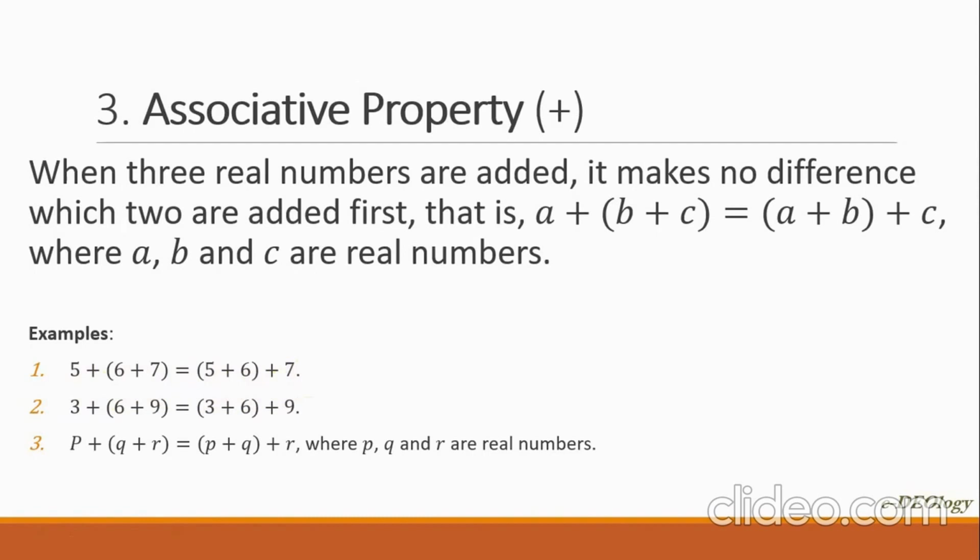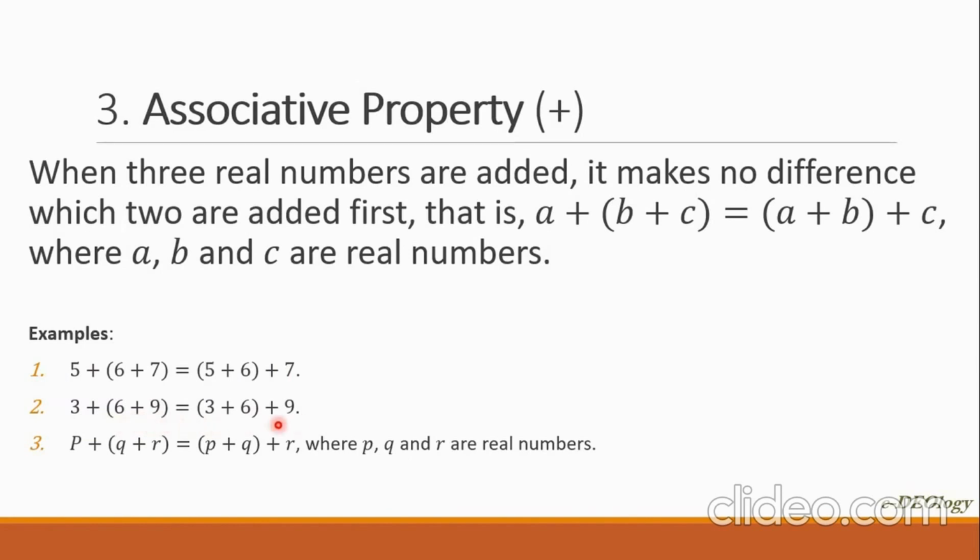Another example is number 2. Here, 3, 6, and 9 are given. On the left side, the last two terms, 6 and 9, are grouped together.